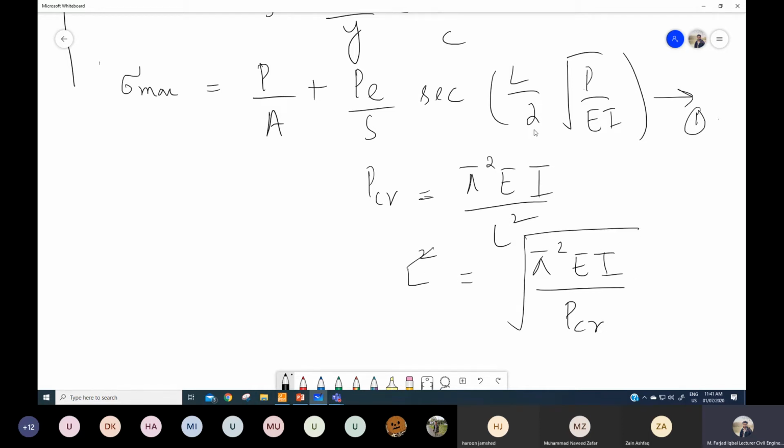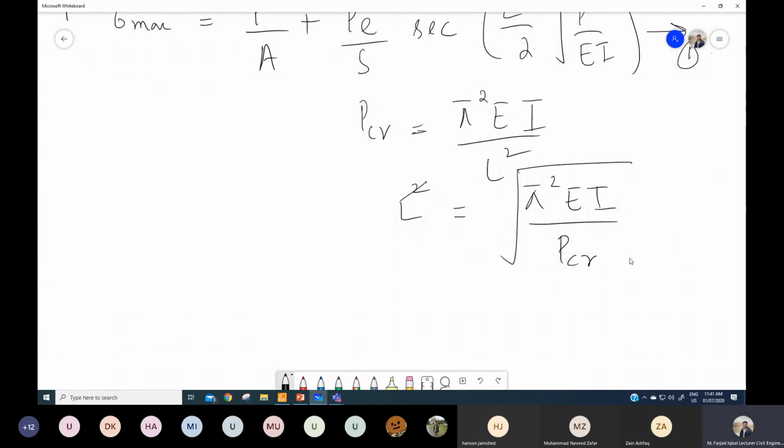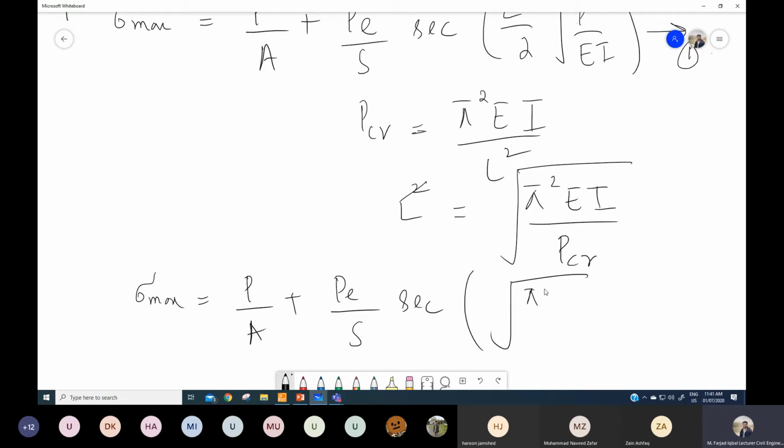If I replace this L factor into this equation, I will get sigma maximum is equal to P over A plus P E over S secant, under root pi square EI into P over EI, and outside we have 1 over 2.